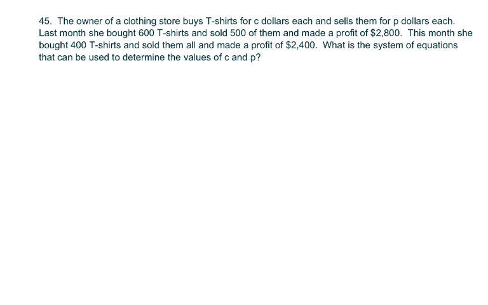All right. Now I can see where this problem would be a little complicated. So we have two different sentences here. Sentence 1 is here. And I want to make an equation using that. So her profit is 2,800. She bought 600 t-shirts. So that's going to be a debit to her. She's out of money.